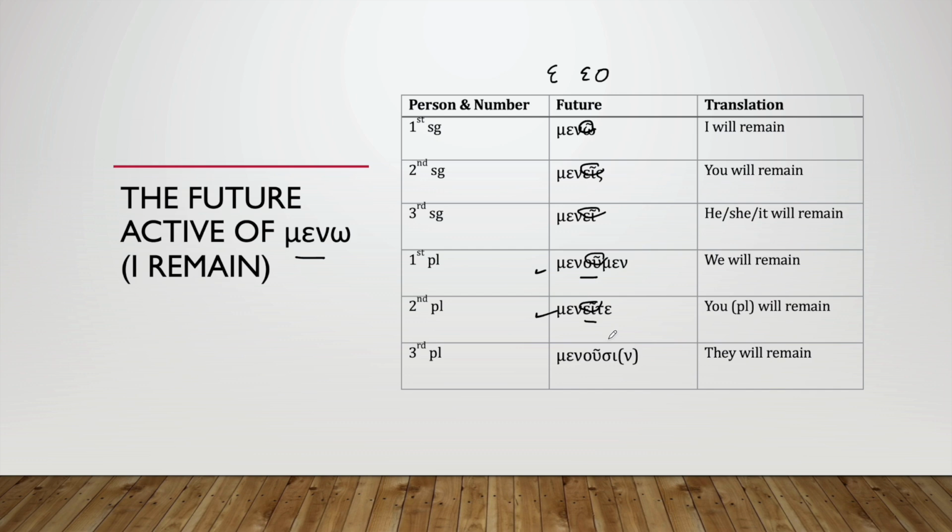So, other than the visible vowel contraction in the first and second plural forms, this is the only hint to mark the difference between the present and the future of this particular liquid verb. So you've got to note that. You've got to pay attention to this little detail.